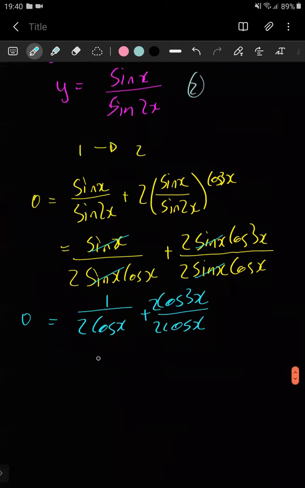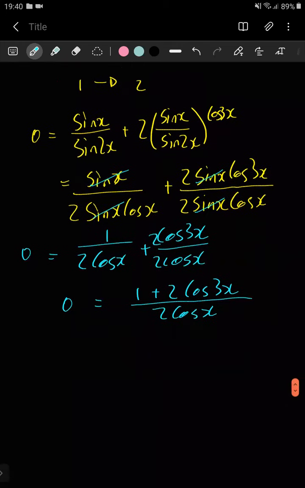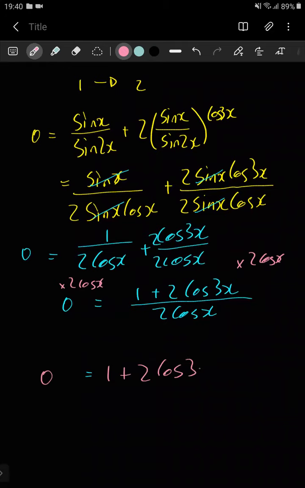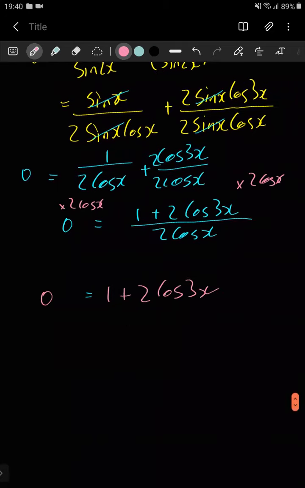So here we can say 0 is equal to 1 plus 2 cos 3x, the whole thing over 2 cos x. Then you can multiply both sides by 2 cos x, and you're going to have this left only.